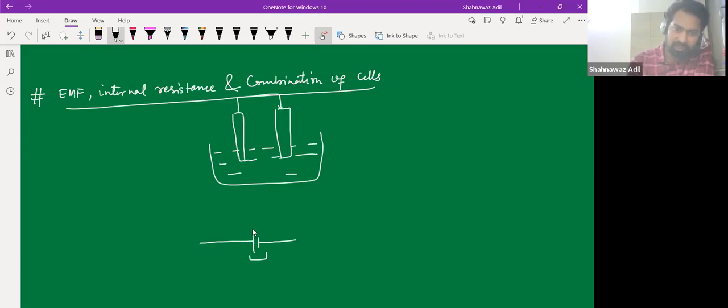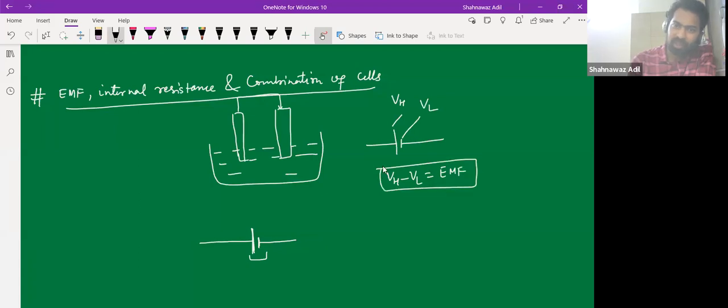The difference between this higher potential and this lower potential will give you the maximum EMF, right? So this is the EMF, and due to this electrolyte, you have some internal resistance, denoted by r. So this is the structure of a cell, right?